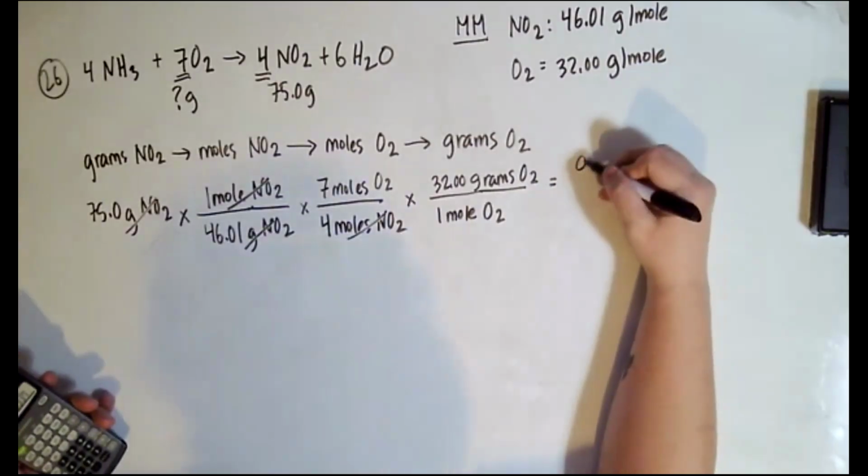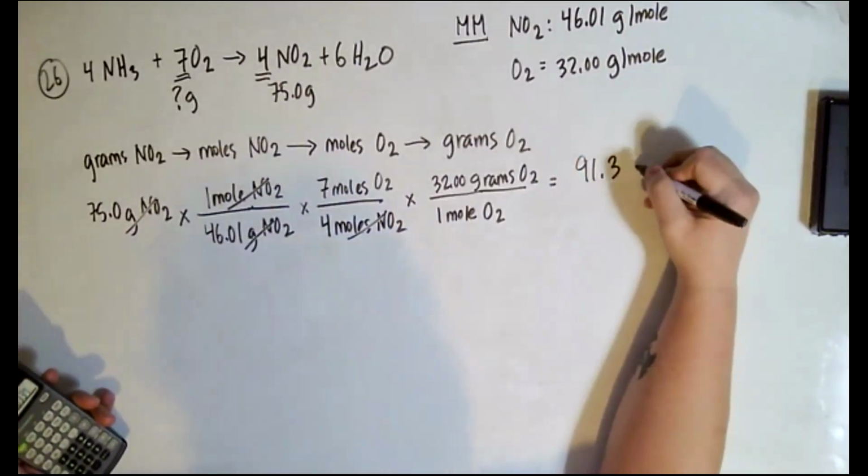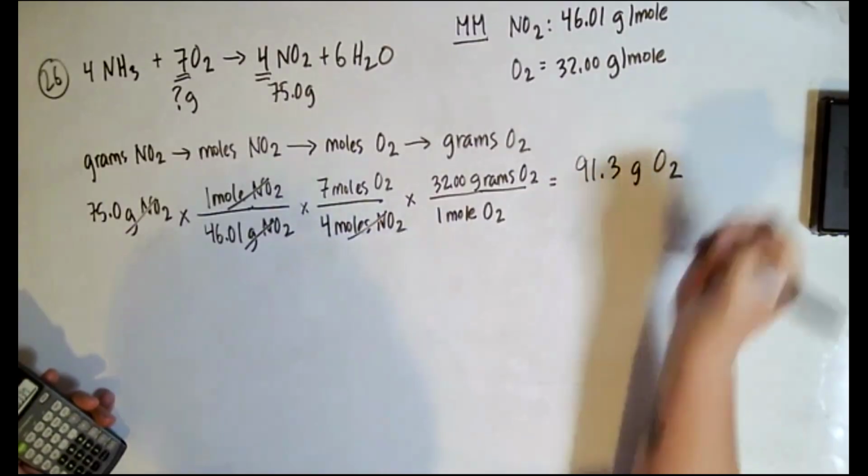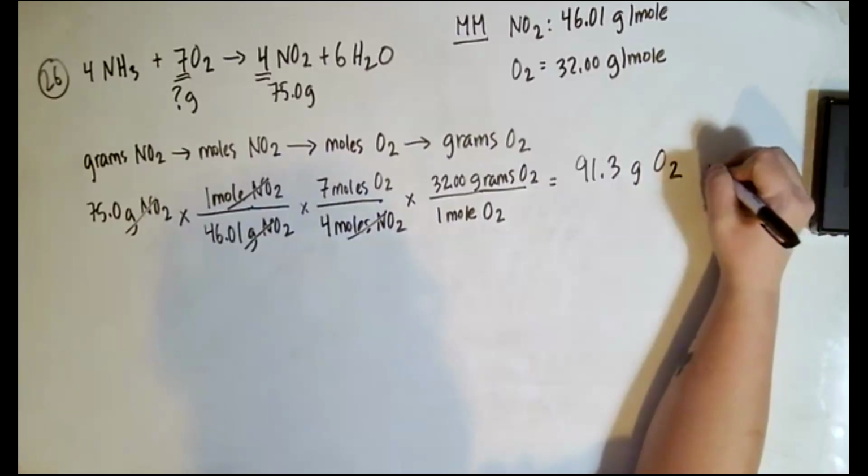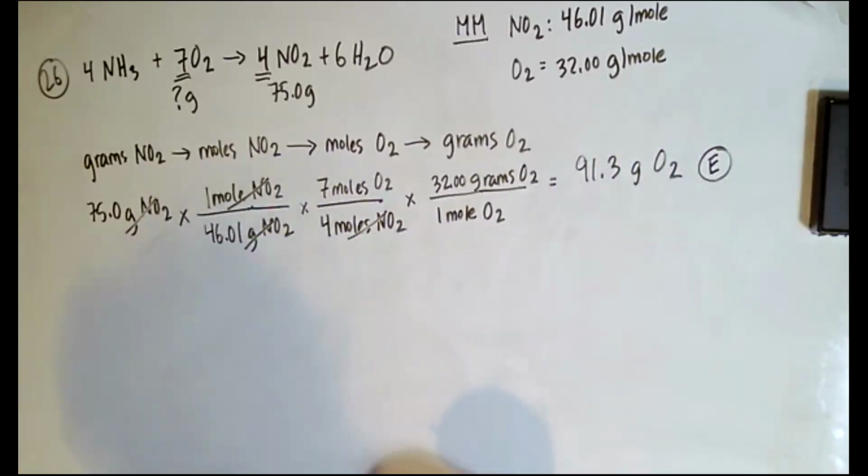Okay, and we're going to end up with 91.3 grams of O2. That's how much O2 we're going to need to form our 75 grams of NO2. And that's going to be choice E.